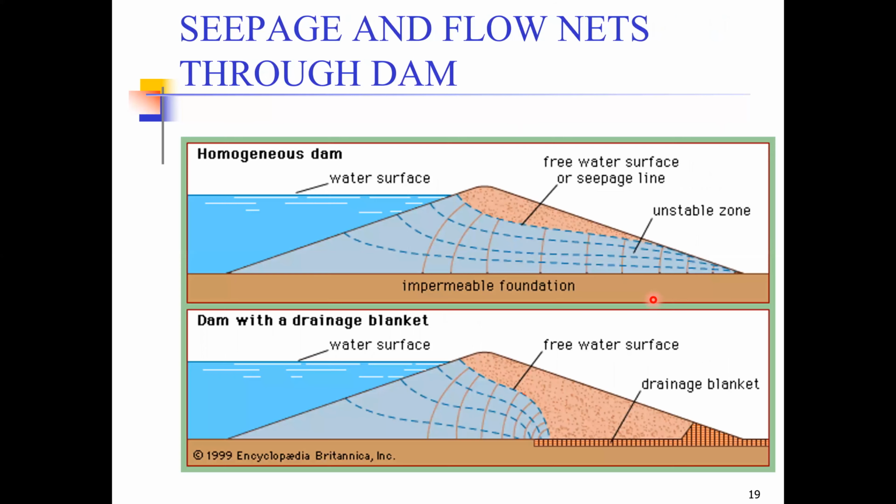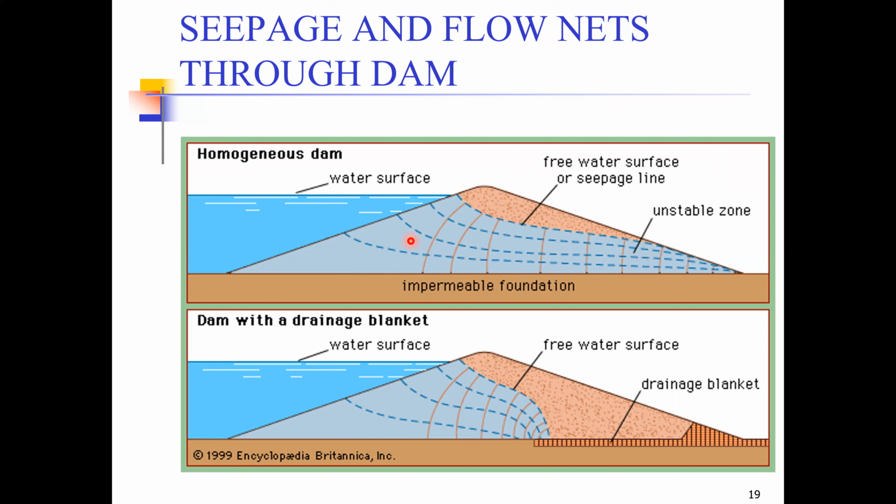But it is not always the case. There are many cases, in fact, in almost all the cases, the water that is blocked on the upstream end not only moves beneath the foundation, but it moves beneath the foundation and also through the dam body.